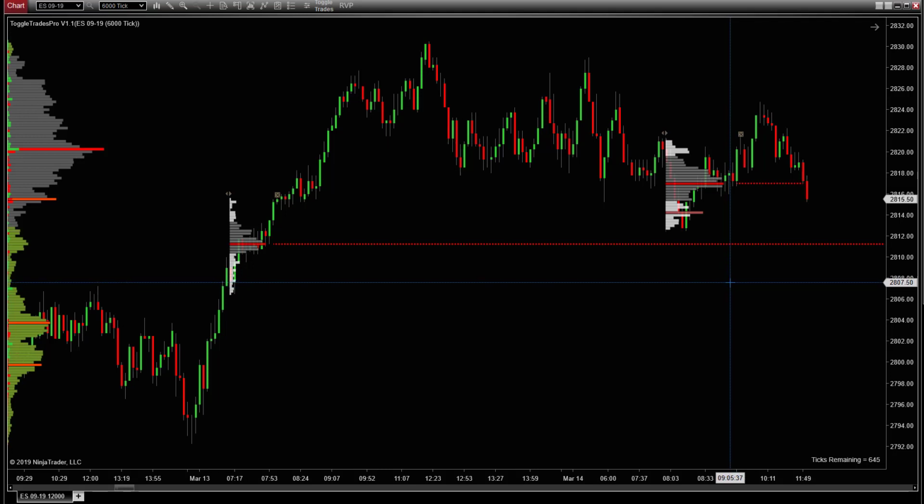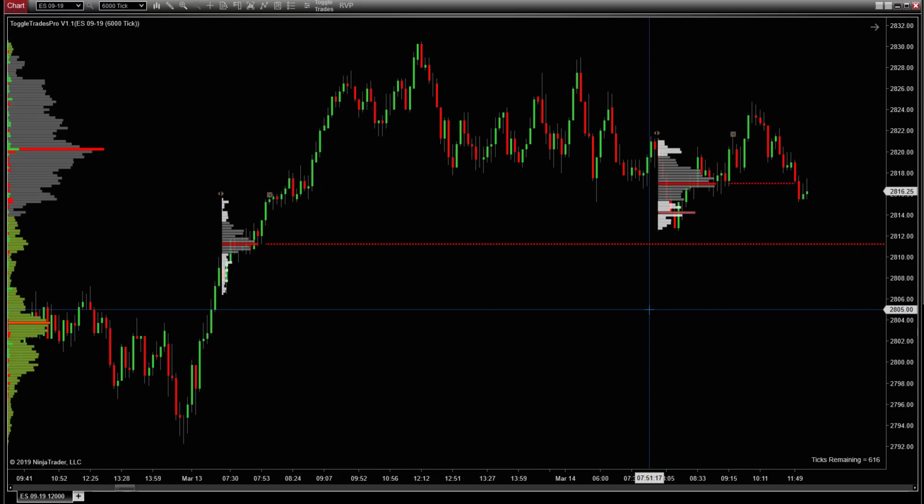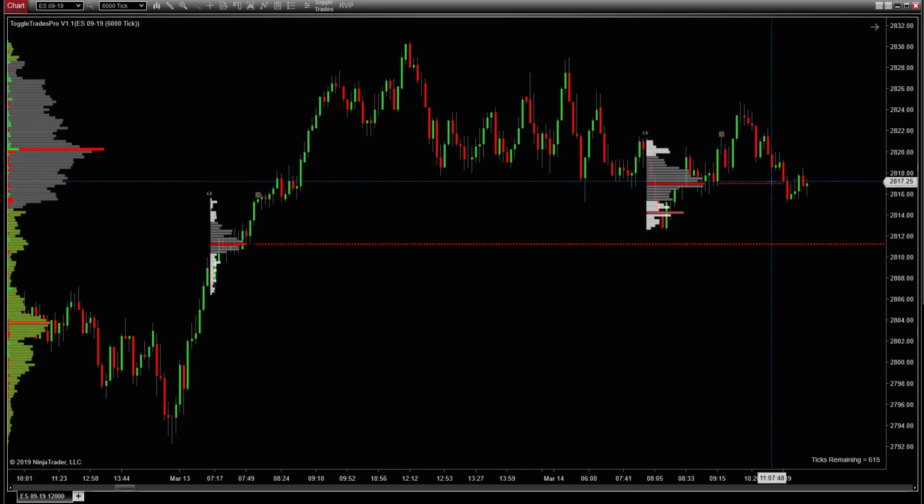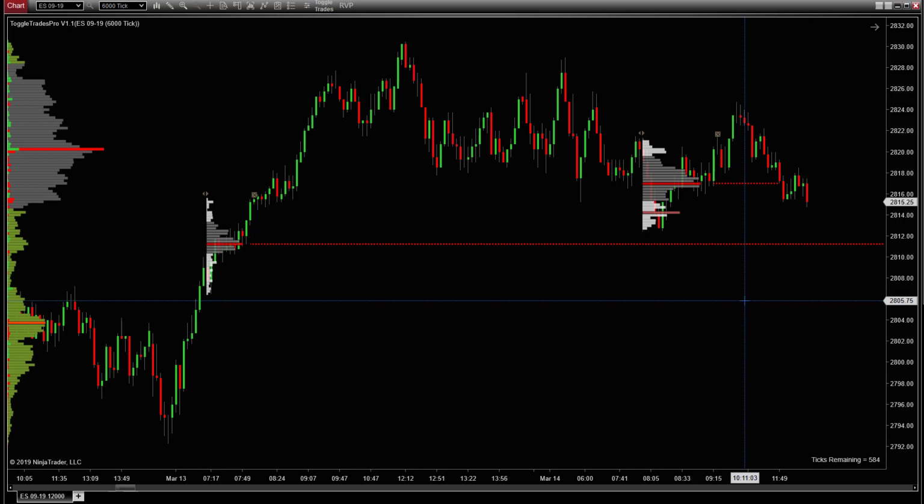Kind of stalling out right there. Not a good sign, right? Testing the top of this profile. Again, you get your bounce right here and it trades through. Was that 2 points right there? 2817, 2815, 2 points. Probably would have escaped, right?